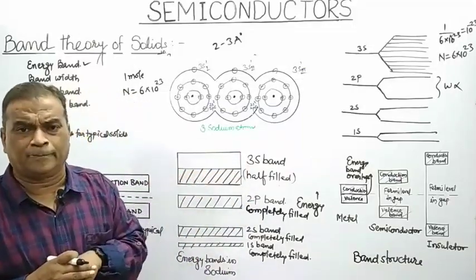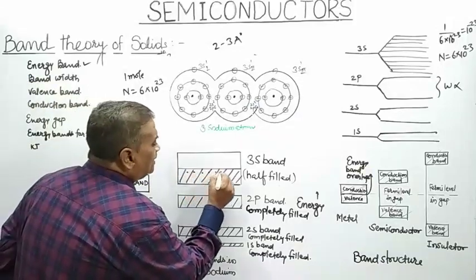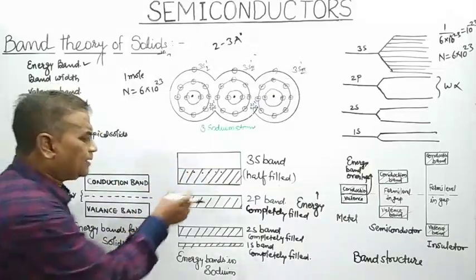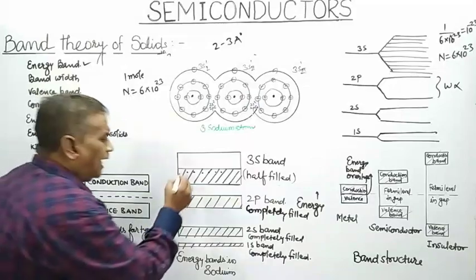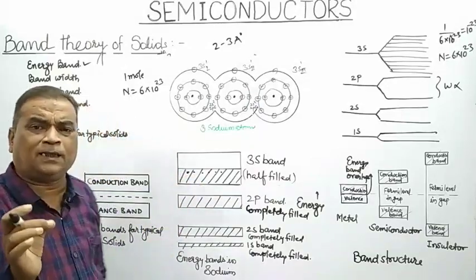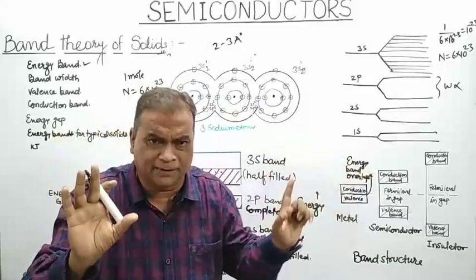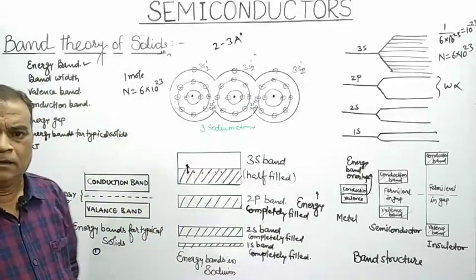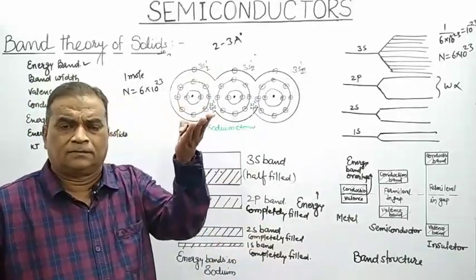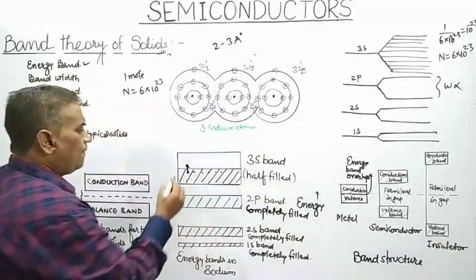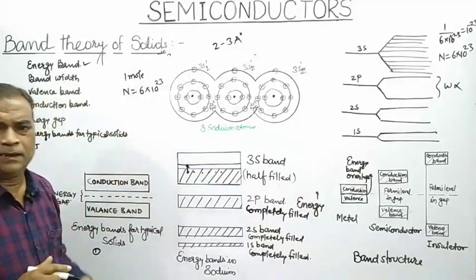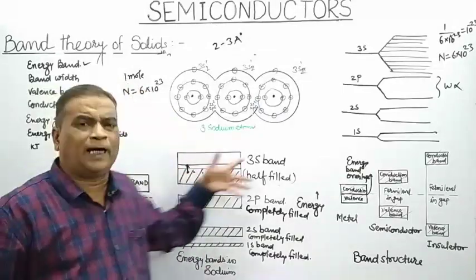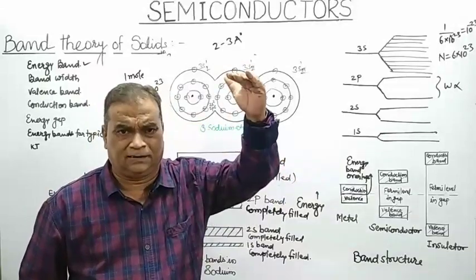If a sufficient amount of energy is given to an electron in the valence band, when the electron gets a sufficient amount of thermal energy, it will gain that energy and rise to a higher energy level. On receiving energy, the electron's energy level gets increased.